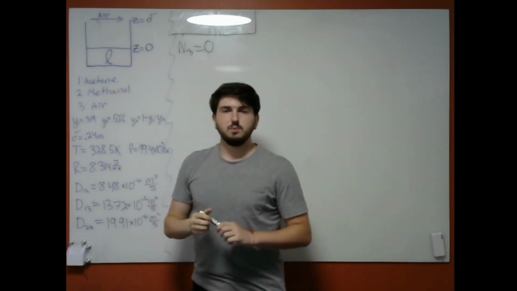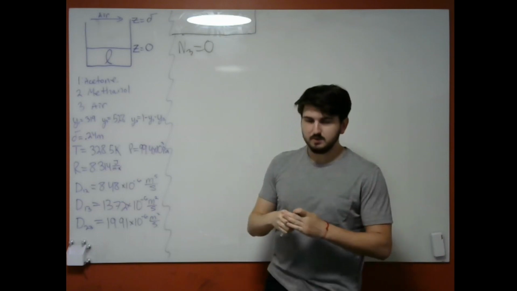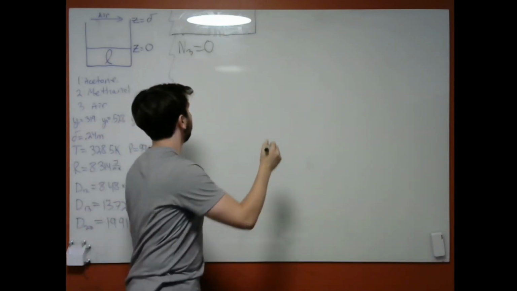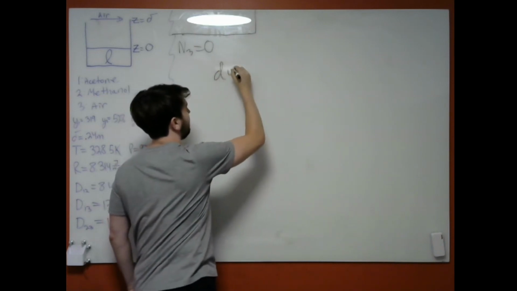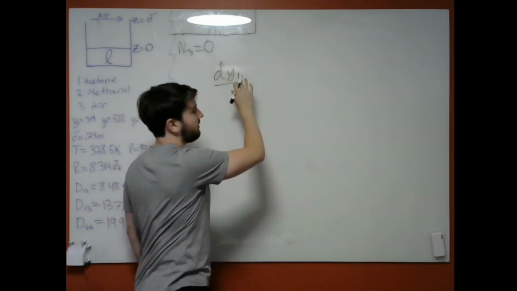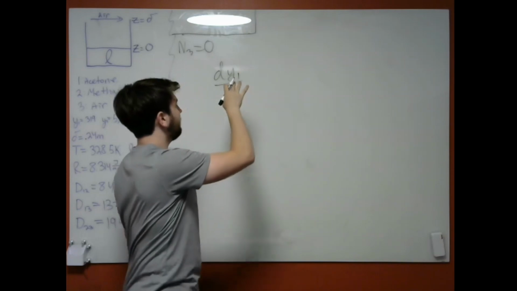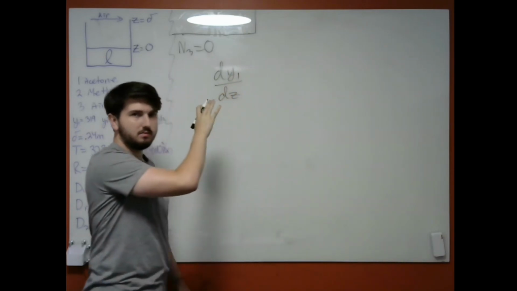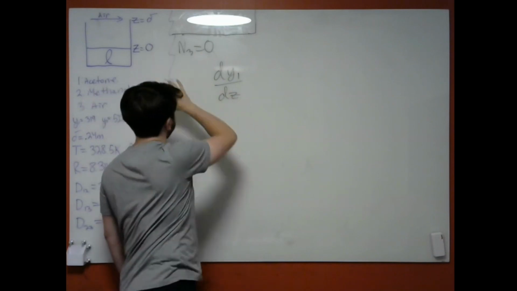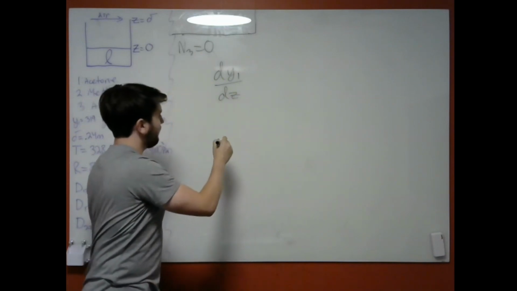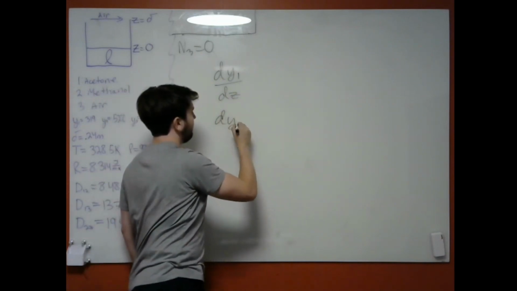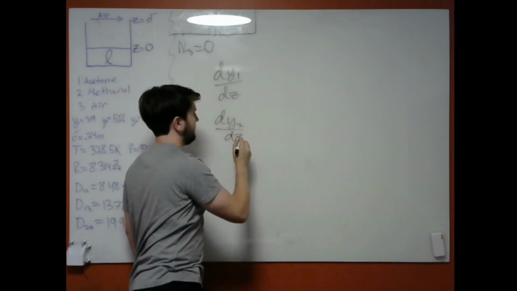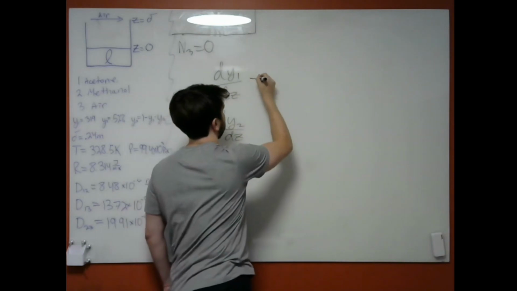Now, to work with this, we're going to use the Stefan-Maxwell diffusivity equations, and I'll write those out right here. We're going to be comparing the mole fraction of component 1 to the Z distance, and we're also going to be doing the same for the mole fraction of component 2 to dz. So I'll write those out for us.